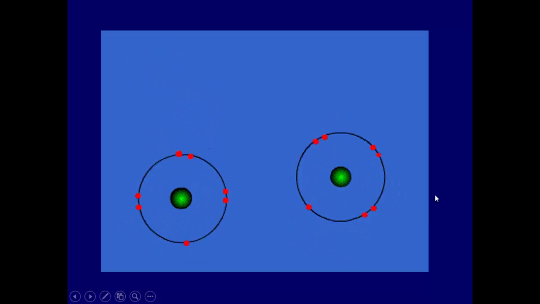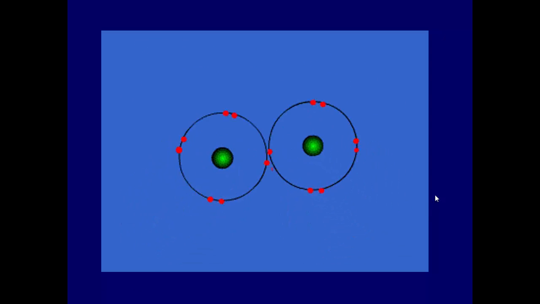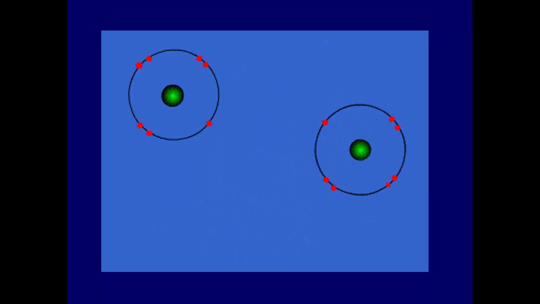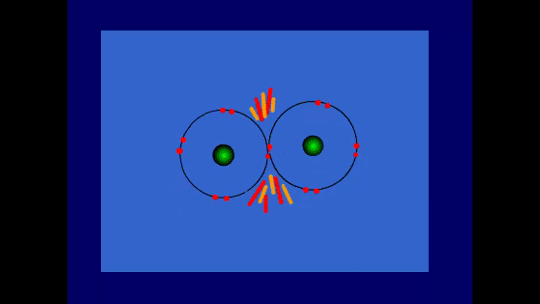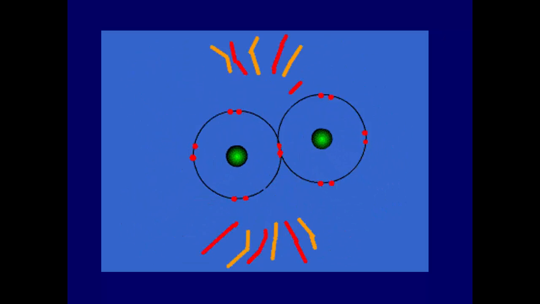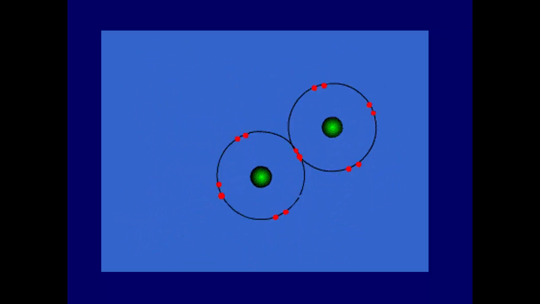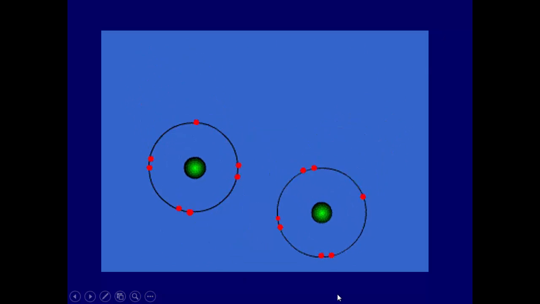Okay? And here's a diagram that shows it. One does not steal the electron from the other. They simply come together and share an electron. Actually, they share an electron pair. But again, it works to fill those outer shells in both of them.